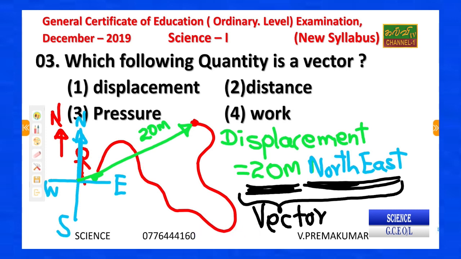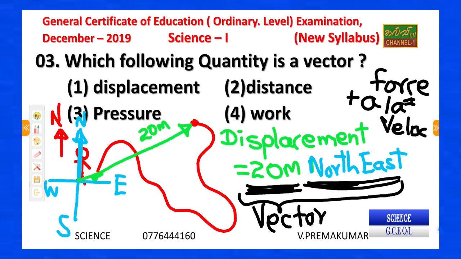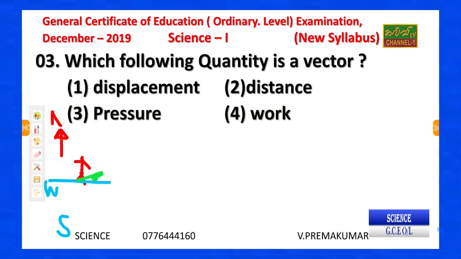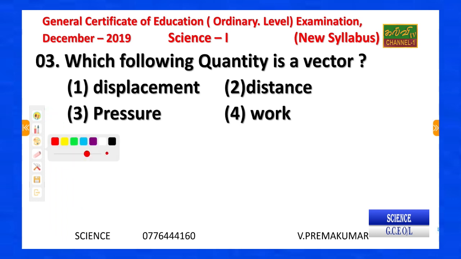Not only displacement, but acceleration, deceleration, force, and velocity are vector quantities. Now students, you can understand a vector quantity contains two factors. What are they? Magnitude with direction. According to that, the answer is displacement.